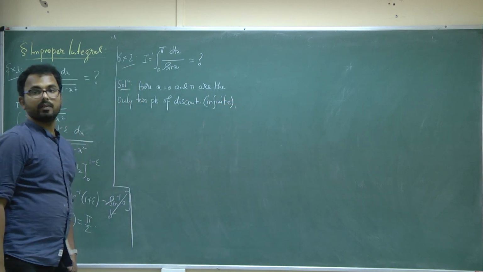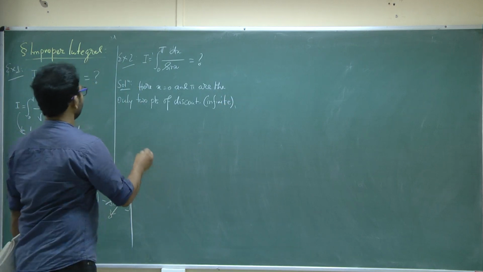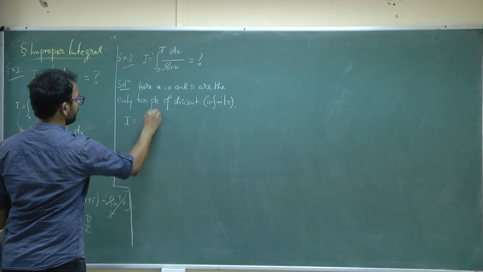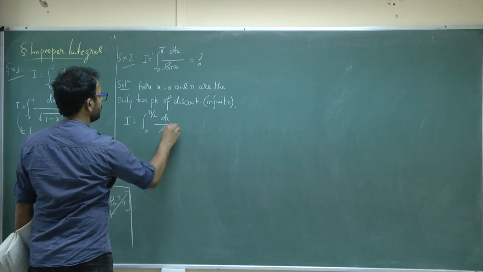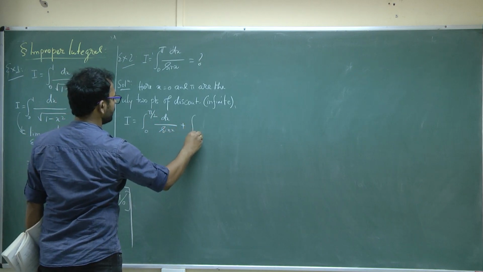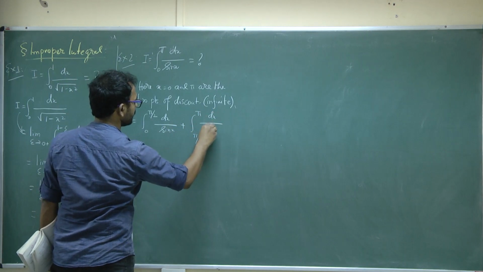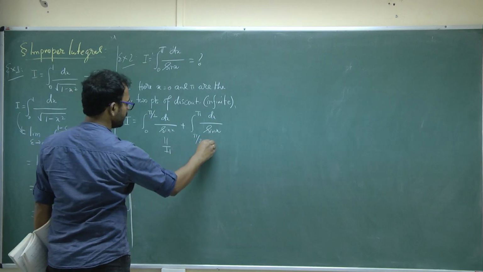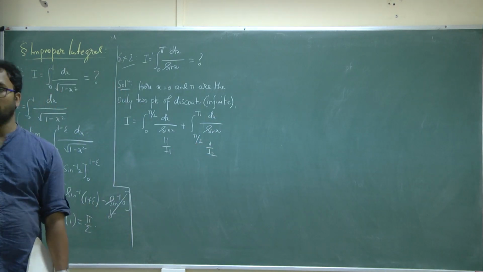So since we have the discontinuity at both the endpoints, we already learned what we can do: we can write I as integral from 0 to pi by 2 dx by sine x, plus integral from pi by 2 to pi dx by sine x, and we call this one integral I1 and this one integral I2. And now we will evaluate I1 and I2 separately.